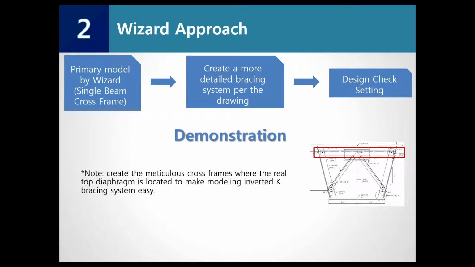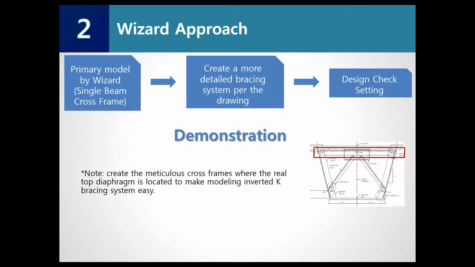Here, I would like to suggest the most efficient way for you to model a steel top bridge for design check. The widget approach shortens a big amount of time in setting up the horizontal alignment and vertical alignment. However, creating bracing system details is weaker than the node and element approach, I mean the manual approach.